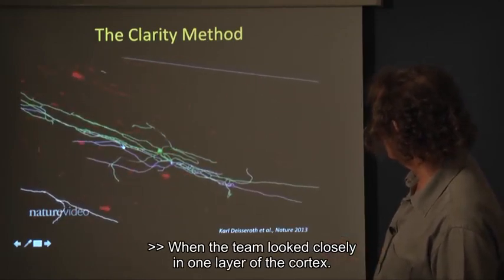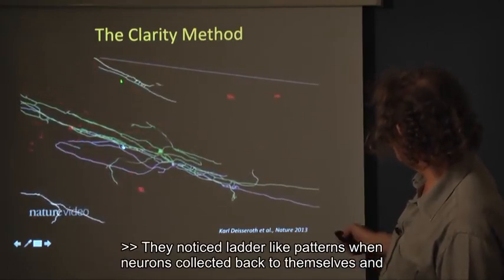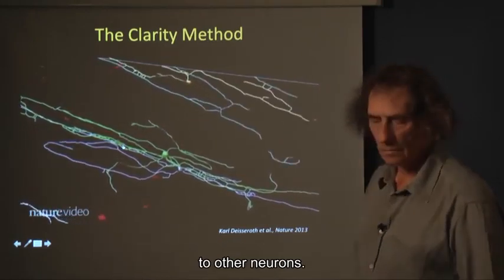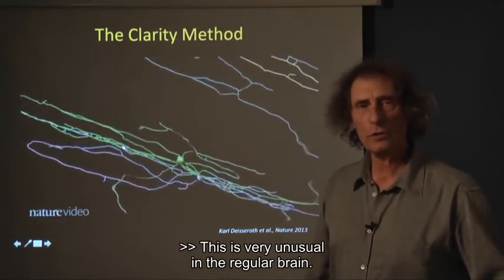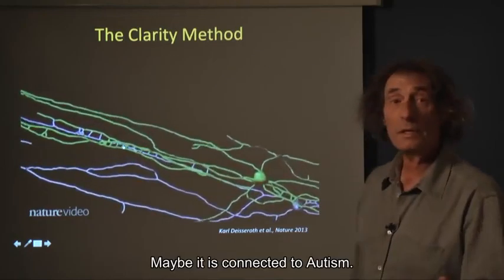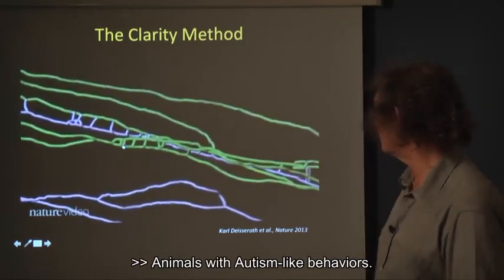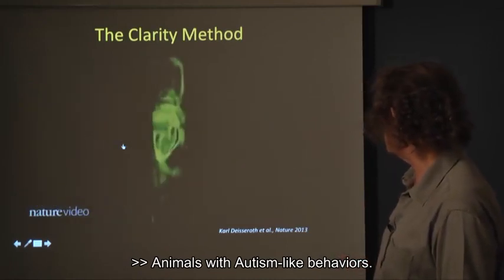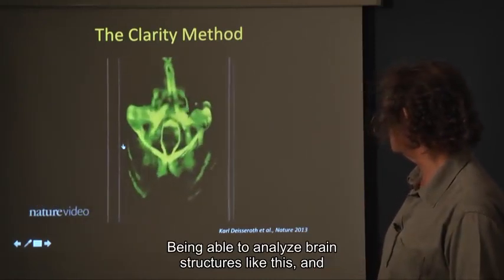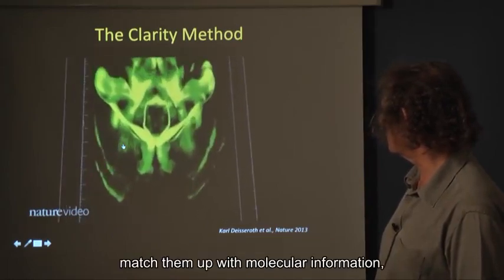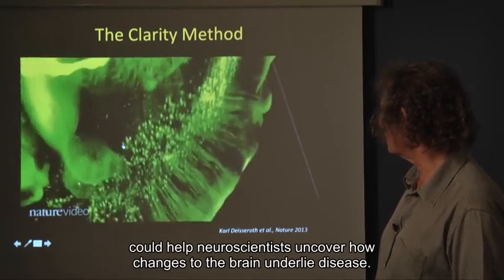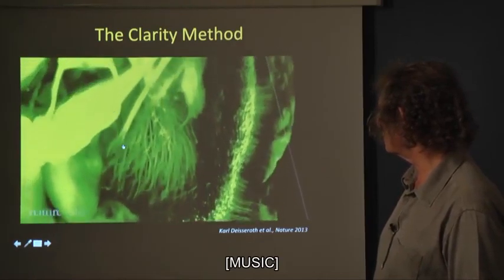When the team looked closely in one layer of the cortex, they noticed ladder-like patterns where neurons had connected back to themselves and to other neurons. This is very unusual in the regular brain. So maybe it is abnormal. Similar connected structures have been seen in animals with autism-like behaviors. See this thing. Being able to analyze brain structures like this and match them up with molecular information could help neuroscientists uncover how changes to the brain underlie disease.